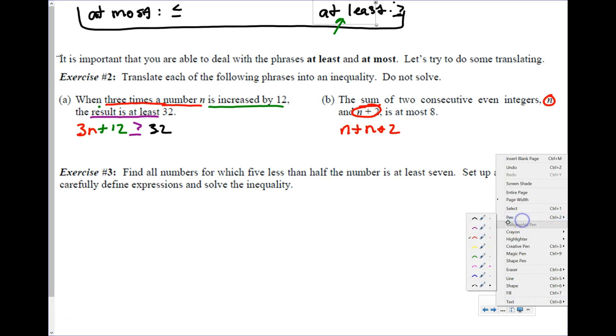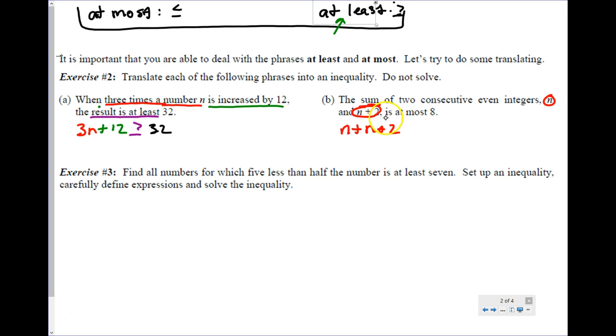Oh, my laptop locked up for a second, that was weird. The inequality is at most, well, that's a less than or equal to sign, just like it says here. And the 8, it's at most 8. All right, so at most and at least have very different translations. You're not using the equal sign anymore, you're using these inequality signs.